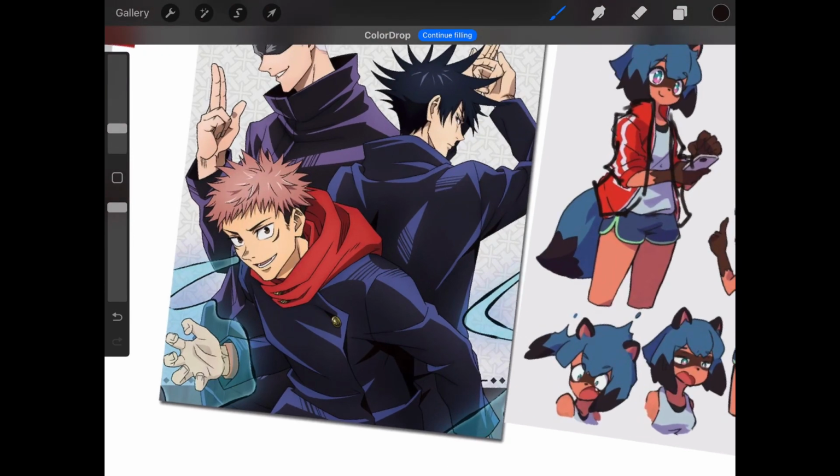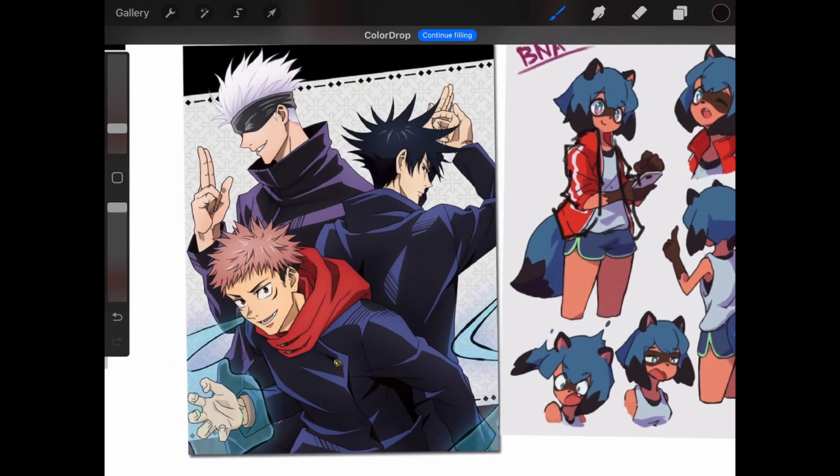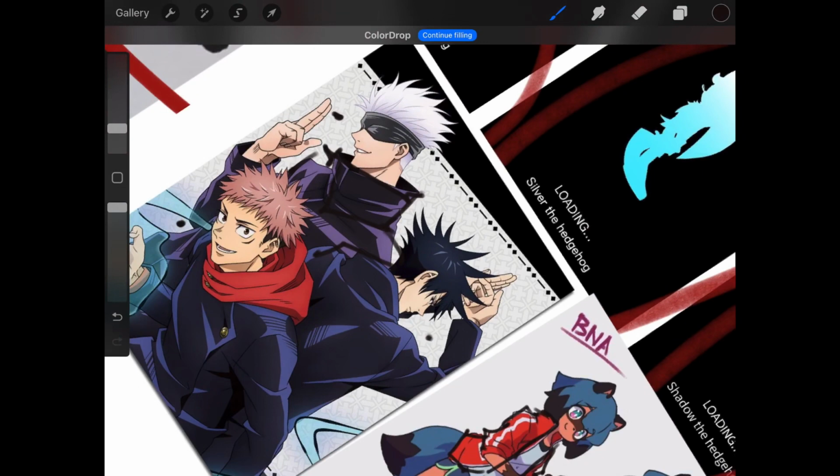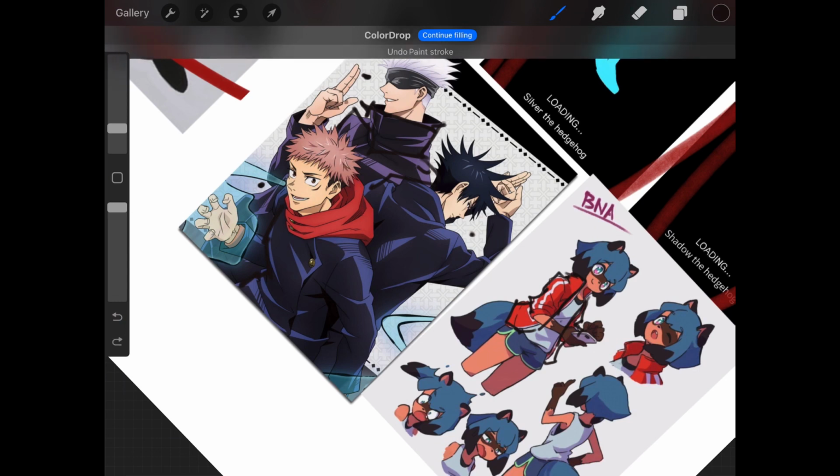Now let's take Yuji Itadori, Megumin, and Gojo. I know most of these are school uniforms, but again, very simple shapes, nothing too complicated. It also doesn't clash with the character's hair or anything.